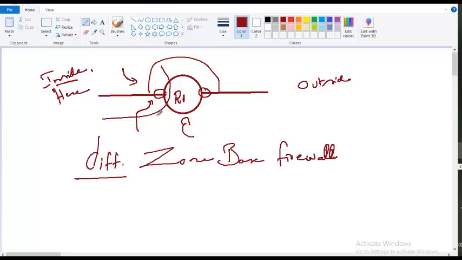So in ASA firewalls, for the inside you have some freedom. Not everything is blocked. If it is inside zone, you are not blocked. But the other zones are zero security, zero trust zones, except inside. All other zones are zero trusted. Whereas in a router, whether it is inside or outside, zero trust.